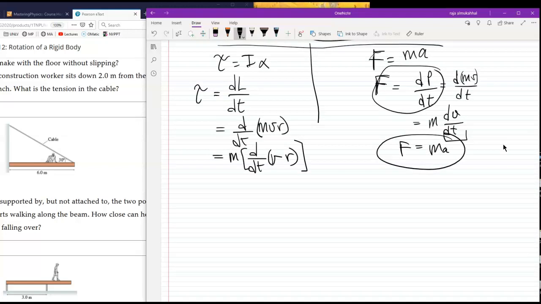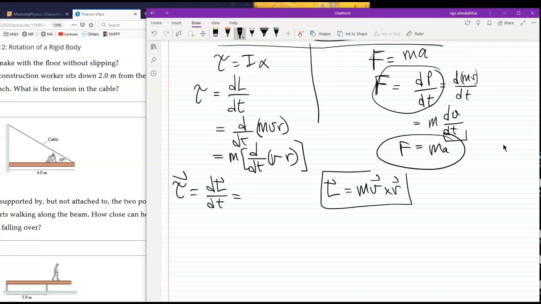Hold on. I think I want to do it in terms of vectors. It'll probably be more obvious here. Let me write it down again. So you have tau is equal to dL, as a vector, over dt. And we know that the angular momentum, as a vector, is mv cross r. So let me put it in here. That becomes d/dt of mv cross r.